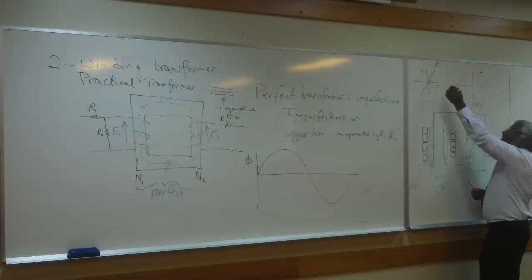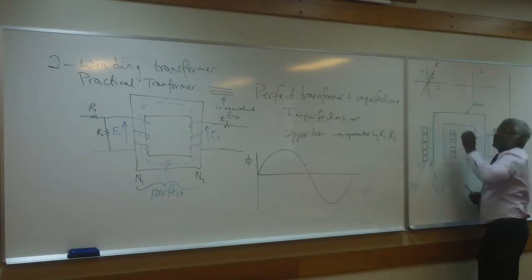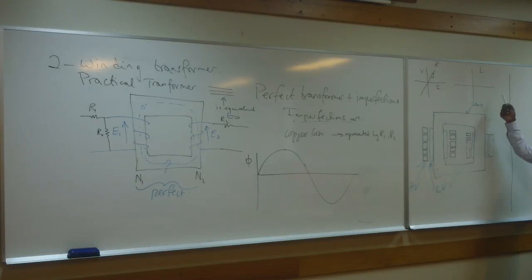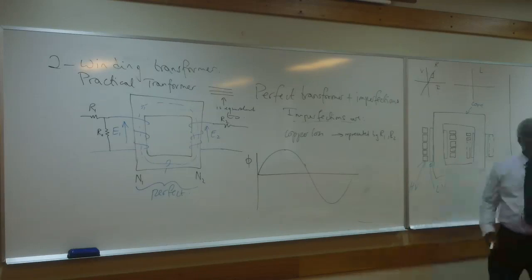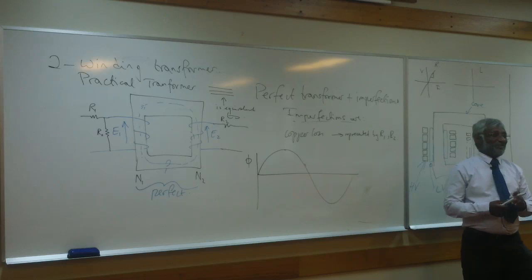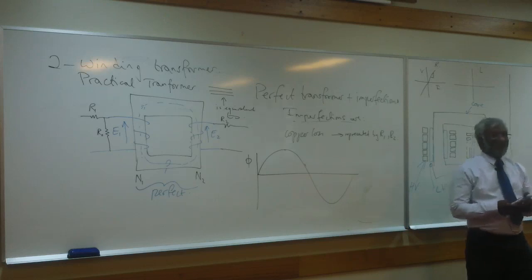Here, there's a graph, and this R is the gradient. Now, it's a similar definition for inductance. And if you know that, you know what inductance is 100%. That's Faraday's law. That's not the definition of inductance. What is the definition of inductance?